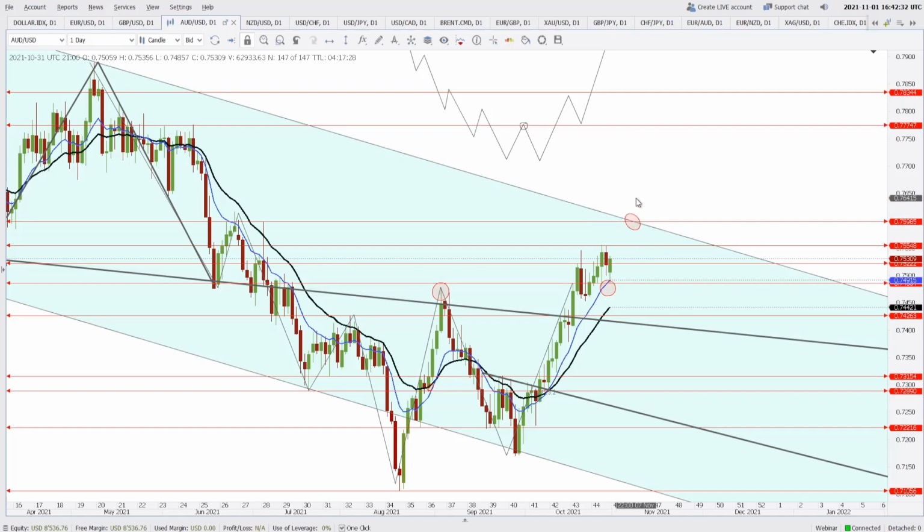If the price breaks higher than this and comes back to test this area as fresh support, then maybe I will reinitiate my long positions. But this is an area of concern. 0.7598 is a very strong resistance, and 0.7554 is the immediate resistance now. 0.7522 should act as a support, and 0.7485 is the next support for the Australian dollar.